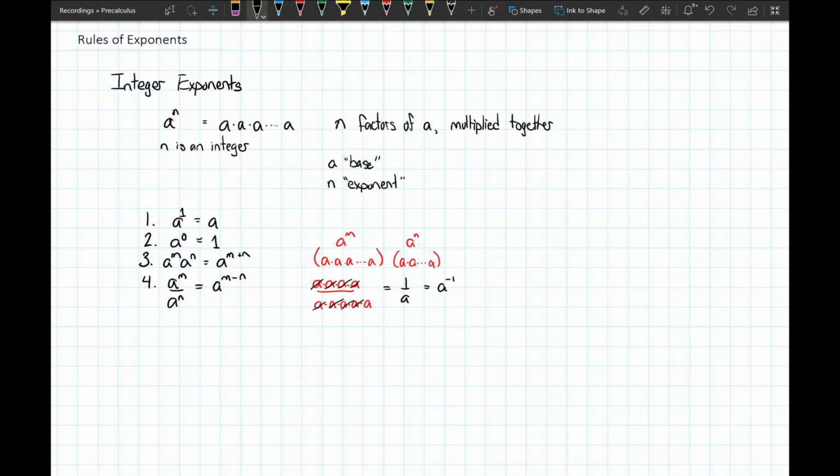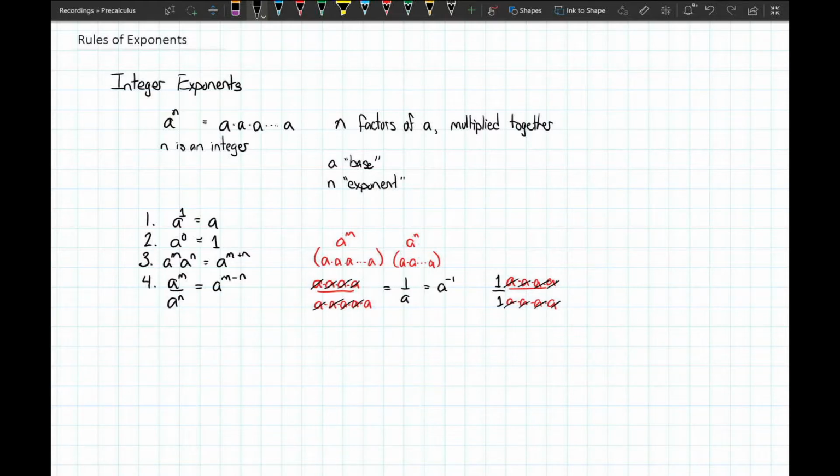Now, what if I had 4 a's on the top and 4 a's on the bottom? If I had a to the 4 on the top, and a to the 4 on the bottom, and I start canceling out all of these a's, I don't end up with 0 because you can always imagine a 1 in the front of each of those.